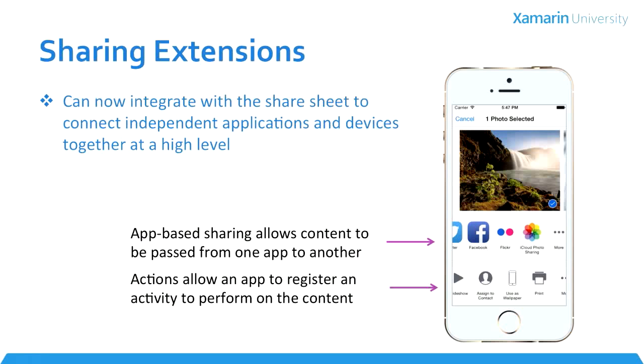So examples would be printing, playing, displaying. And the key benefit to this is that we're able to connect applications together, but we do this in a loosely coupled fashion. And this means the applications don't need to have knowledge of each other, but can still pass the information back and forth.